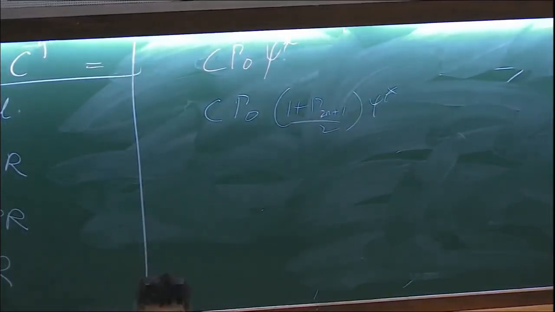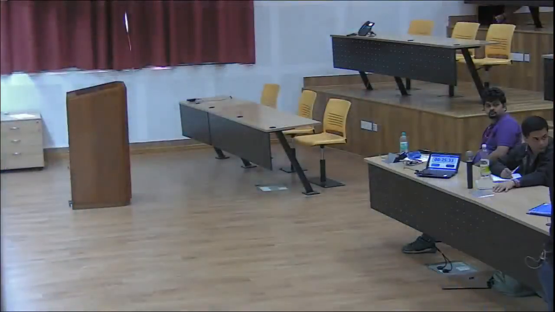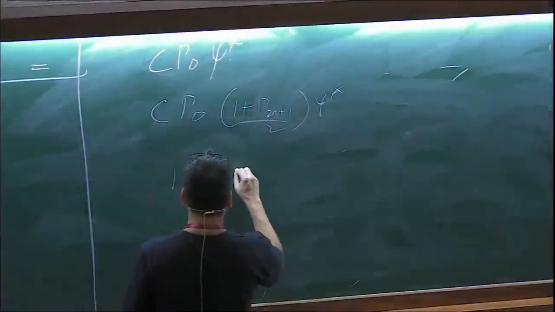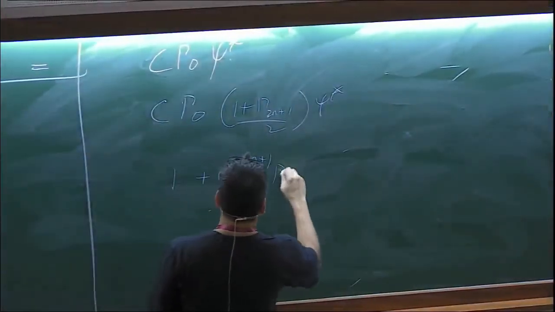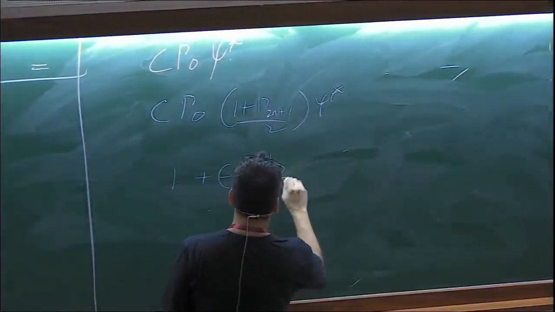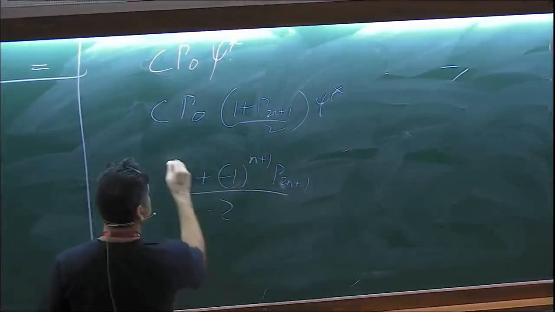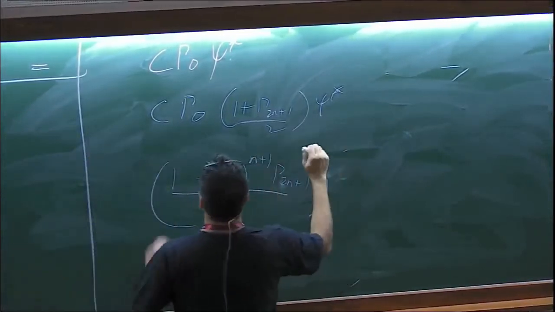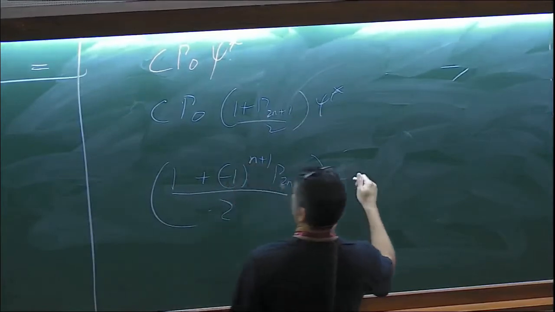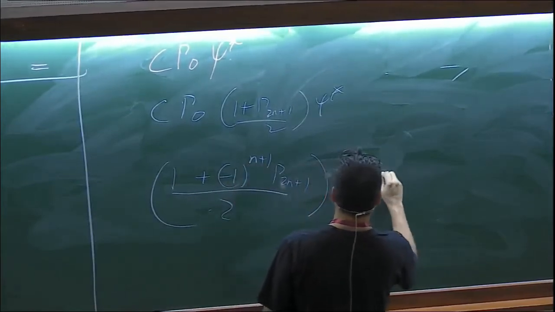But the difference is that in addition to taking it through C, I have to take it through an additional gamma 0. So I pick up one extra factor of minus 1. So I get (1 plus (minus 1) to the power n plus 1 gamma 2n plus 1) by 2 on C gamma 0 psi star.